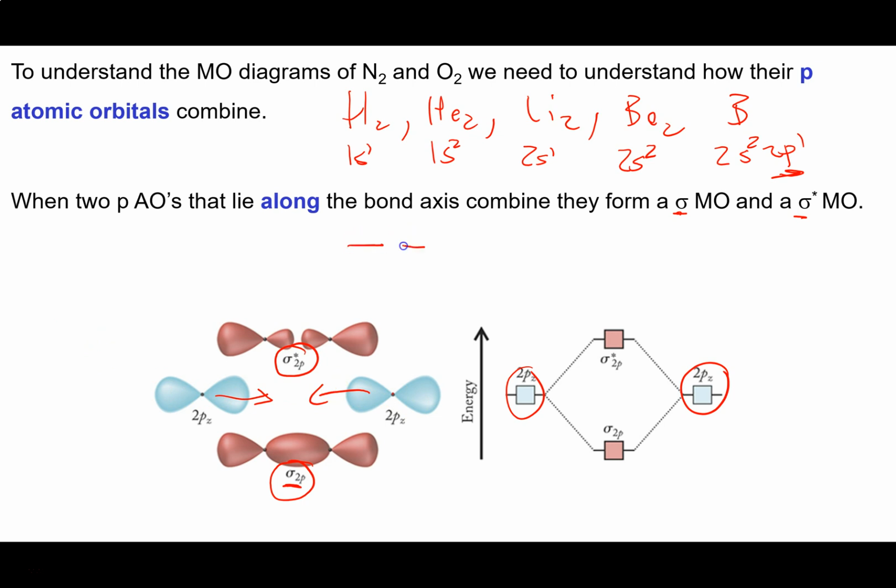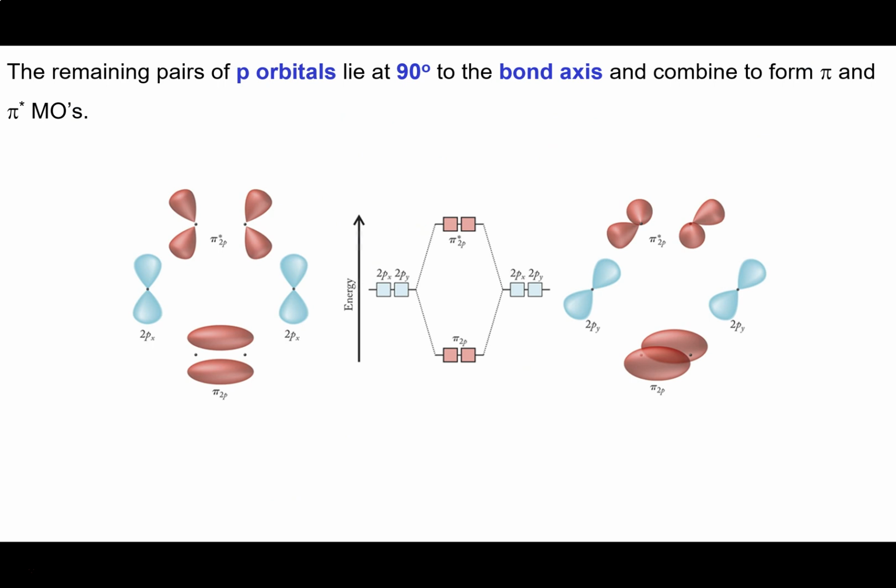So there's only going to be one possibility for these guys coming together with this particular orientation, but we know that a p subshell is comprised of 3 p orbitals. We've explained how one set of those orbitals can overlap. What about these guys here? The remaining pair of p orbitals lie at 90 degrees to the bond axis, and so when they come together, they overlap side on and form pi and pi star MOs.